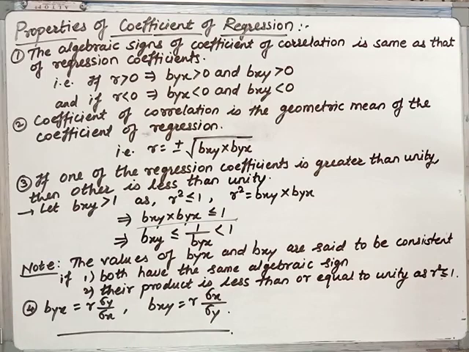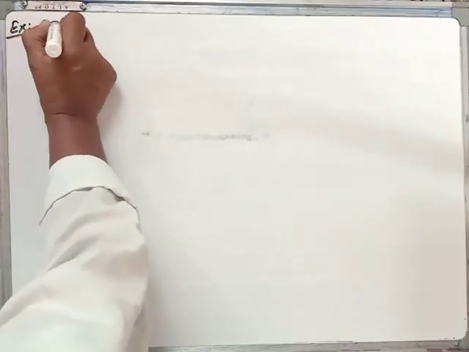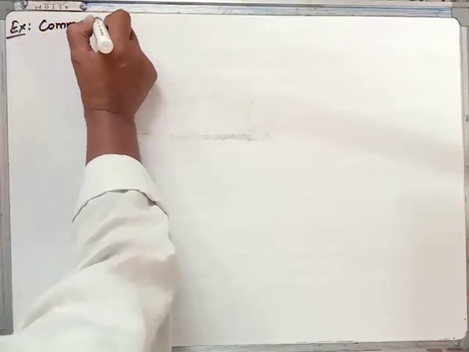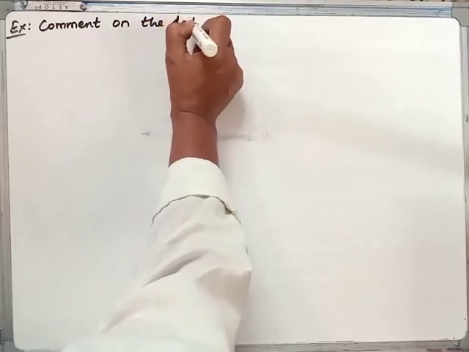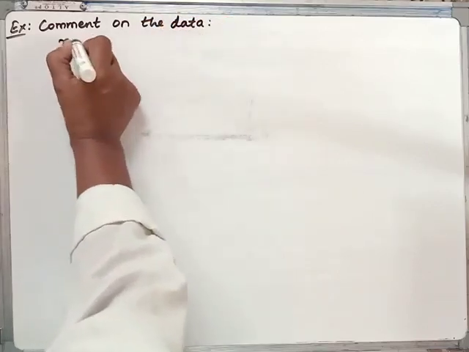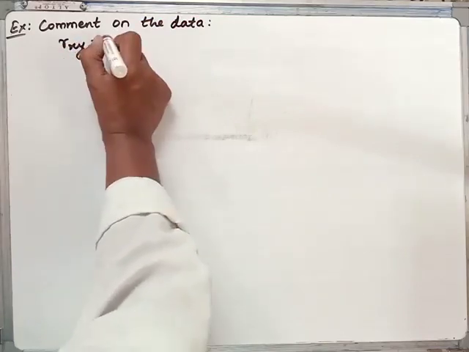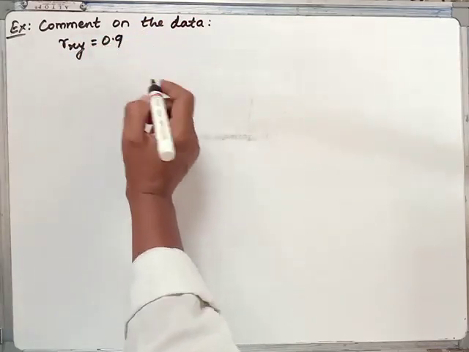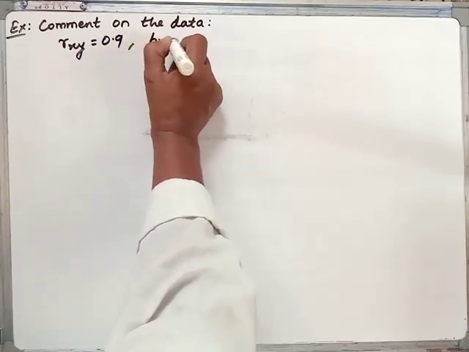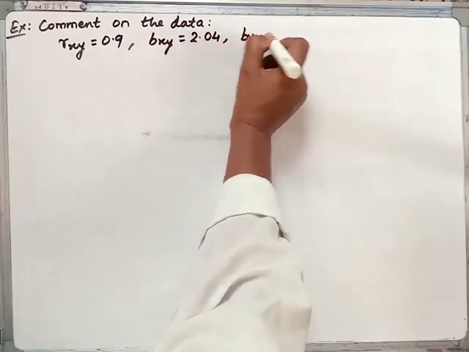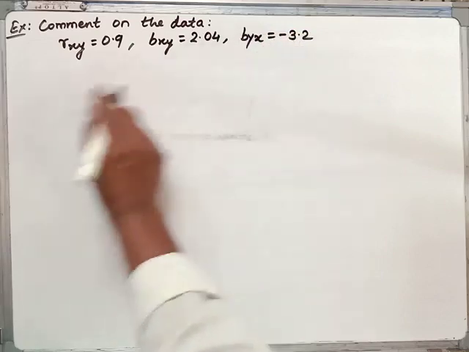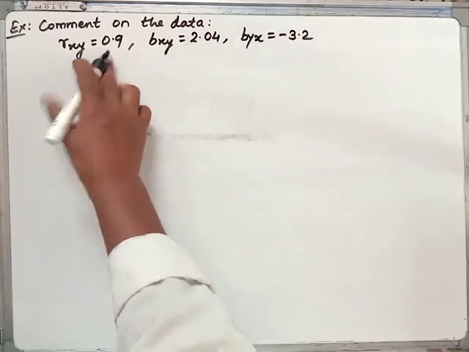Now let's see some examples on coefficient of regression. Example: comment on the data. A very small example, this is a 1 mark question. r is given, that is the correlation coefficient is given, and the regression coefficients are given. Now r is 0.9, which is positive, right?